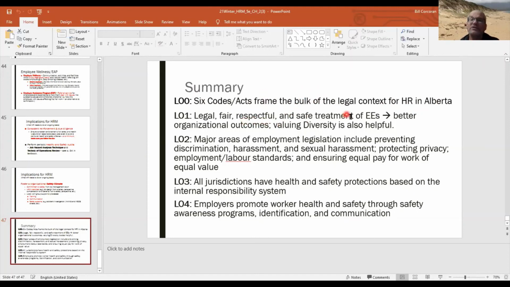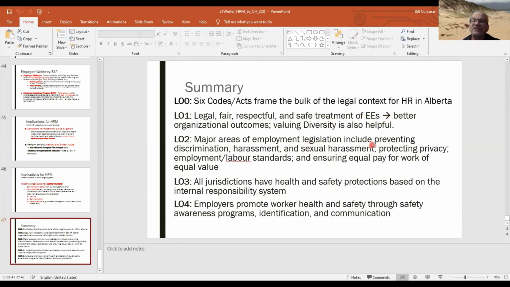Number 2, legal, fair, and respectful, safe treatment of employees leads to better organizational outcomes. So in order to do this, obviously you want to do it to prevent getting sued, or even ending up in jail if it was egregious. But really, being legal, fair, respectful, and safe gets you to the minimum, and then you can build on that in order to have an engaged workforce to actually get more out of your employees.